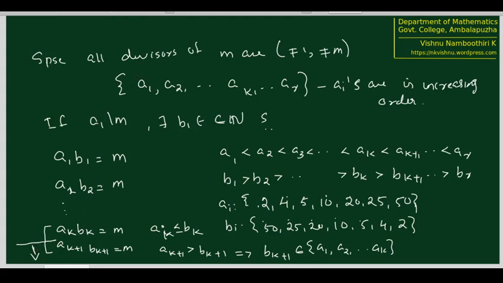We will see using an example. So consider the factorization of 100. Starting with the least one, ai, 2 into 50. Next is 4 into 25. Next is 5 into 20. Next we have 10 into 10. These are all ais, these are all bis. Now 20 into 5.